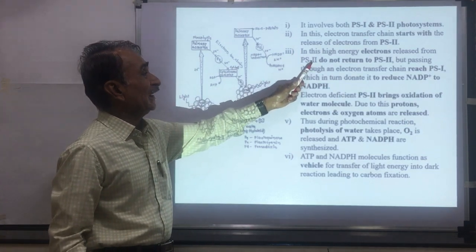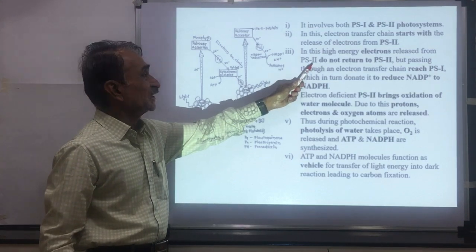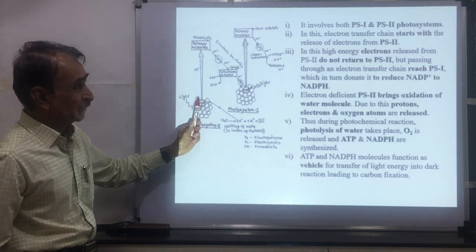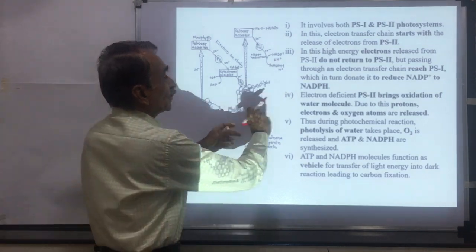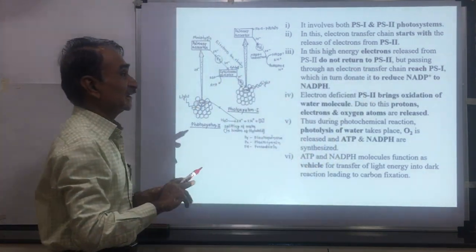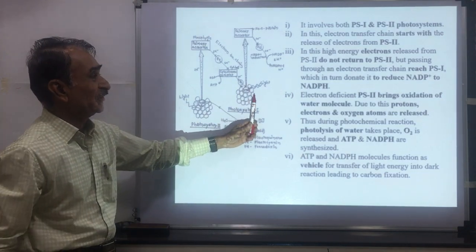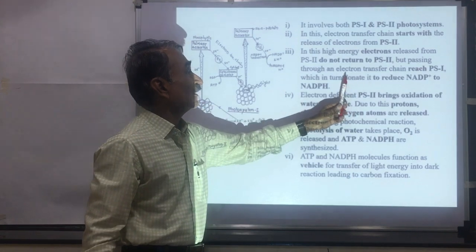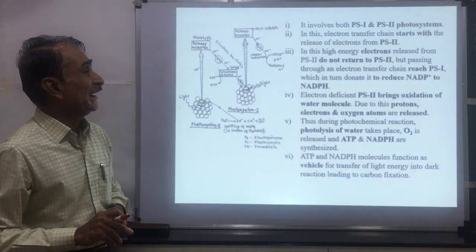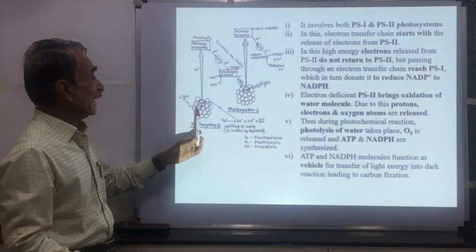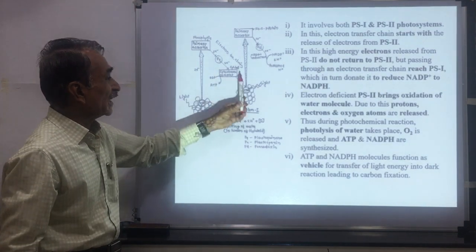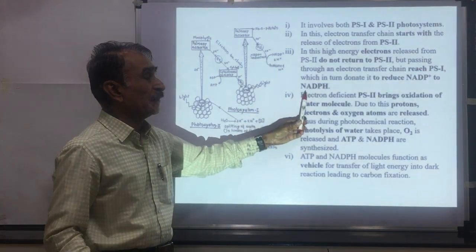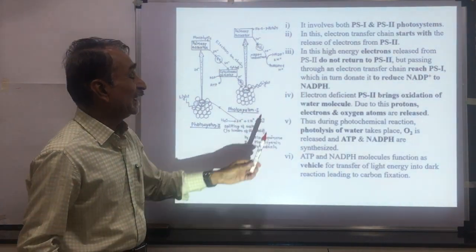High energy electrons released from photosystem second do not come back to photosystem second, but passing through a series of electron carriers reach photosystem first, which in turn donates them to reduce NADP to NADPH. Means electrons are not coming back. Electrons are transferred to the other photosystem, and these electrons are used for the reduction of NADP to NADPH.